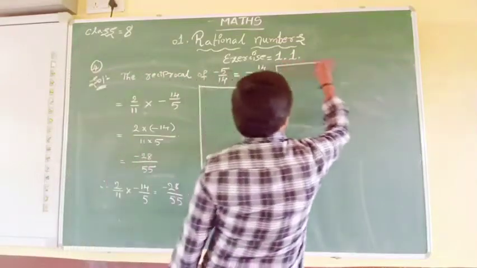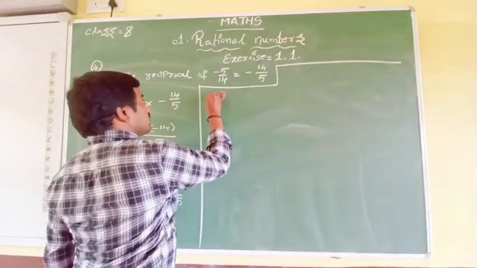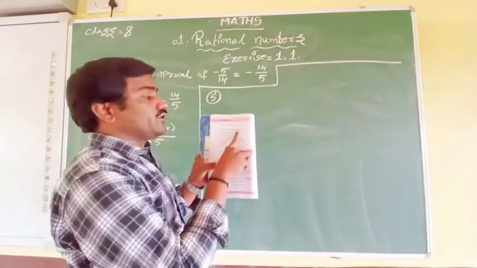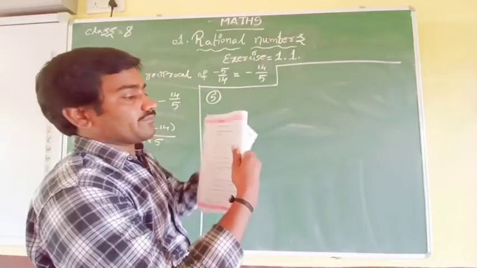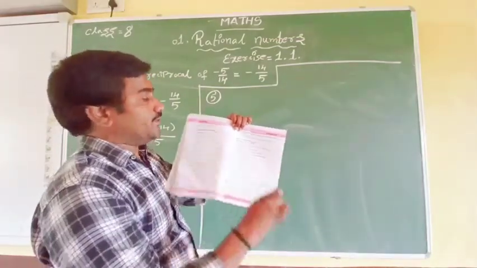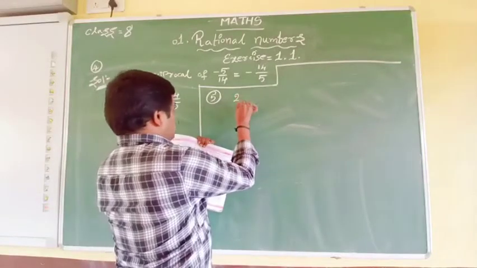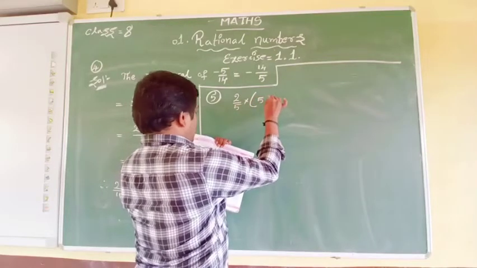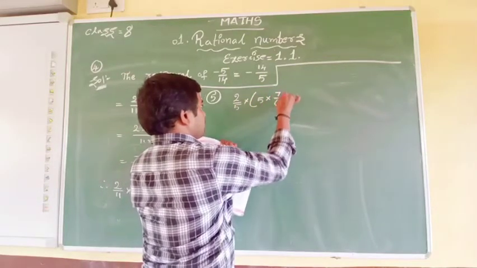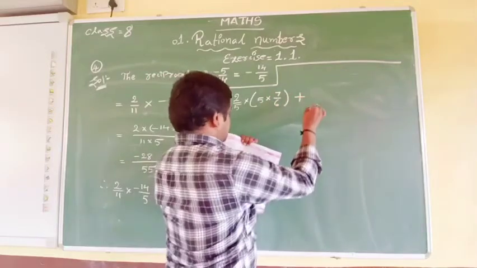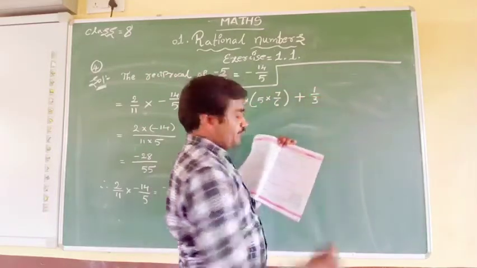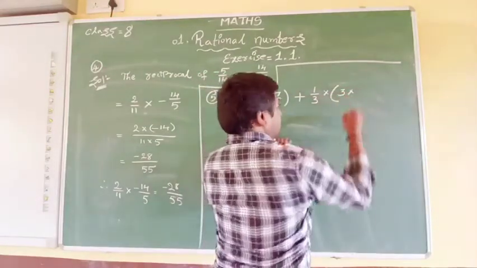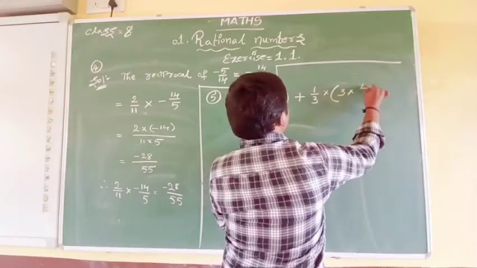Then here the fifth question. Which property can you use in computing 2 by 5 into 5 into 7 by 6 plus 1 by 3 into 3 into 4 by 11?